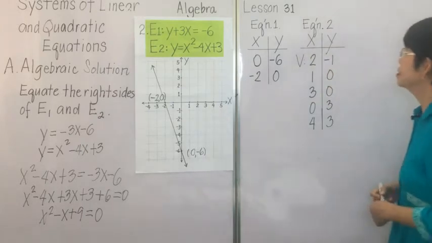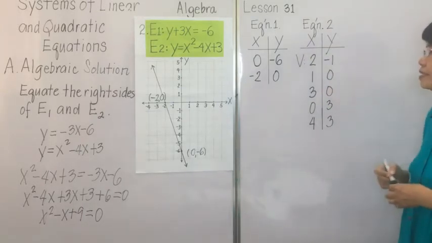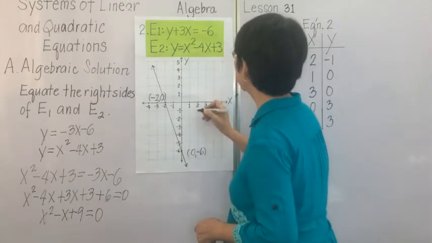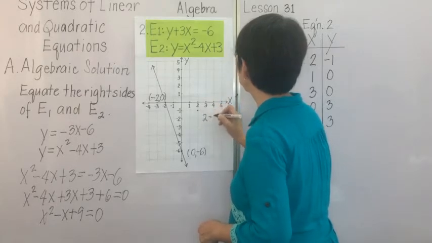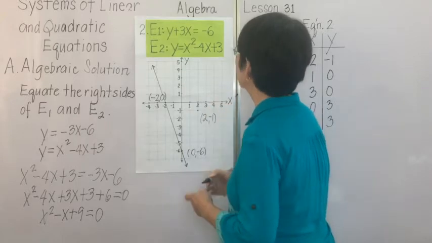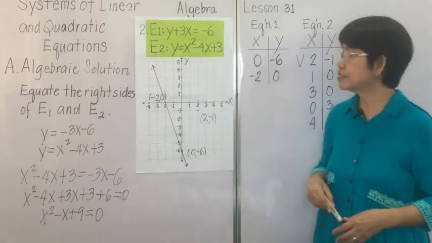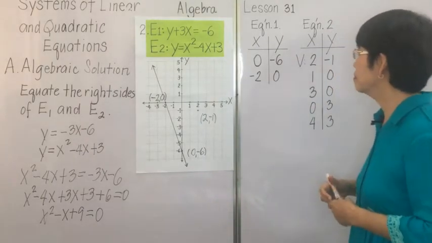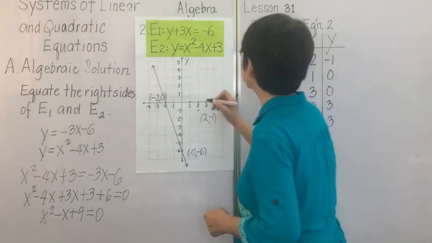And then for equation 2, the vertex is at (2, negative 1). And this graph is going upward because a is positive. And then we have (1, 0) and (3, 0).